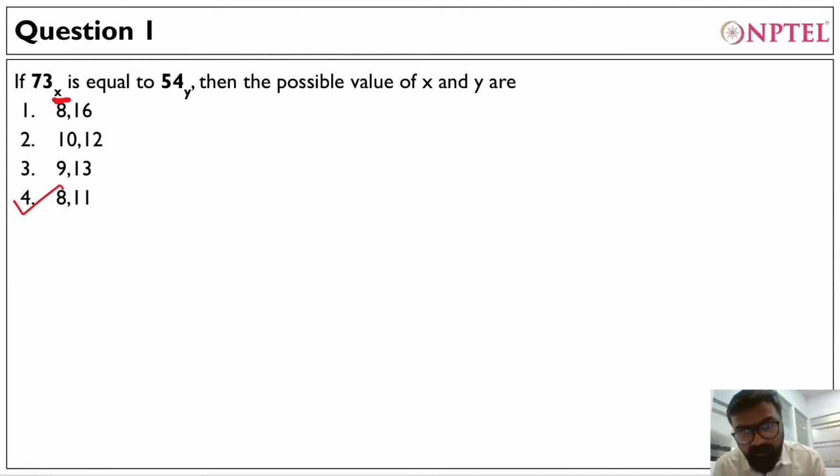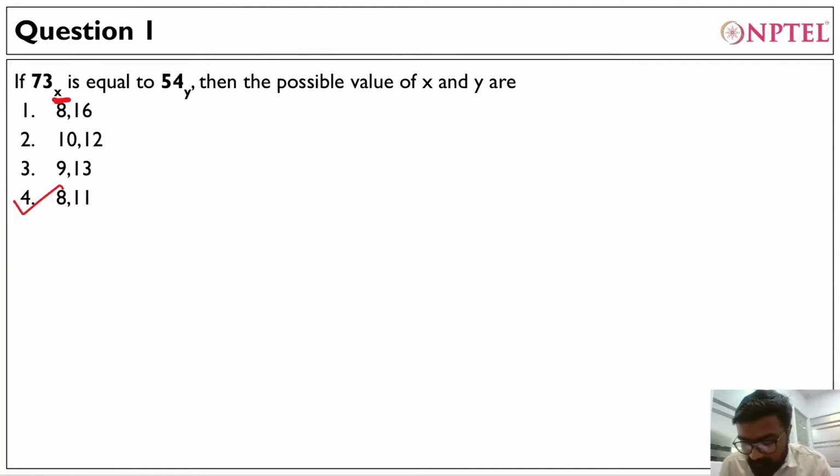One of the properties of any number system is that whatever the base you have, the base will be greater than the individual digits. Just like in the decimal number system, the base is 10, so the maximum individual digit you can represent is 9.